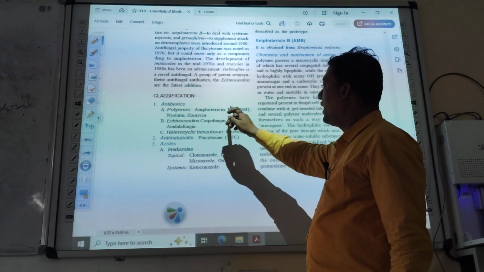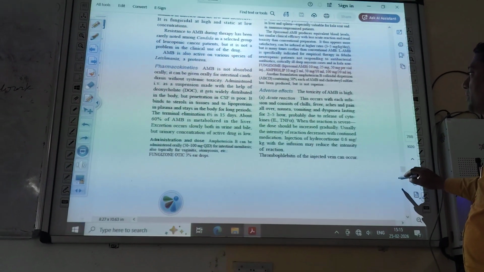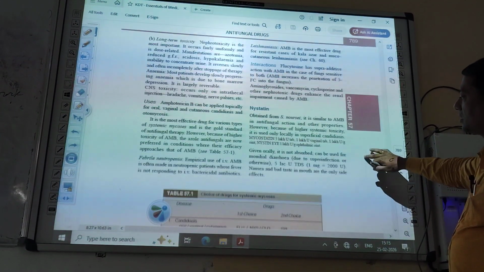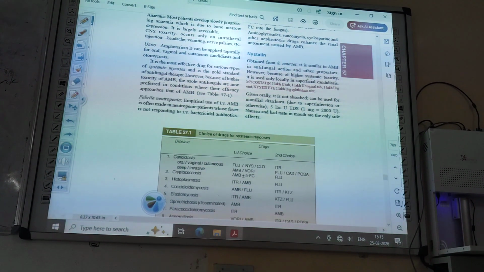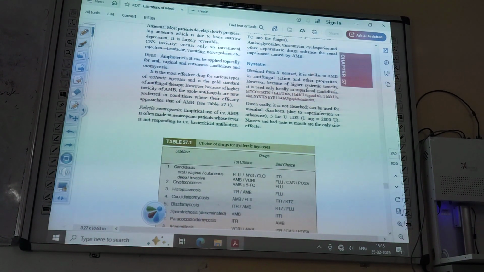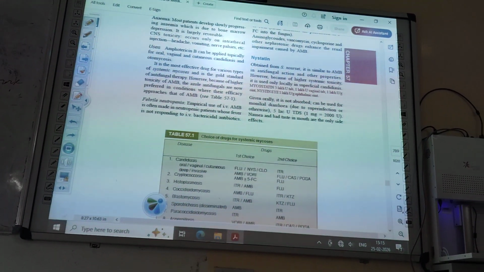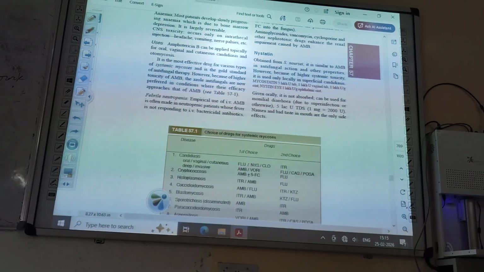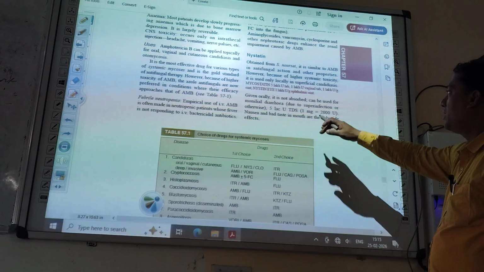AMB is amphotericin B. Nystatin, obtained from S. noursei, is similar to amphotericin B in antifungal action and other properties. It is given orally and is not absorbed. It can be used for monilial diarrhea.